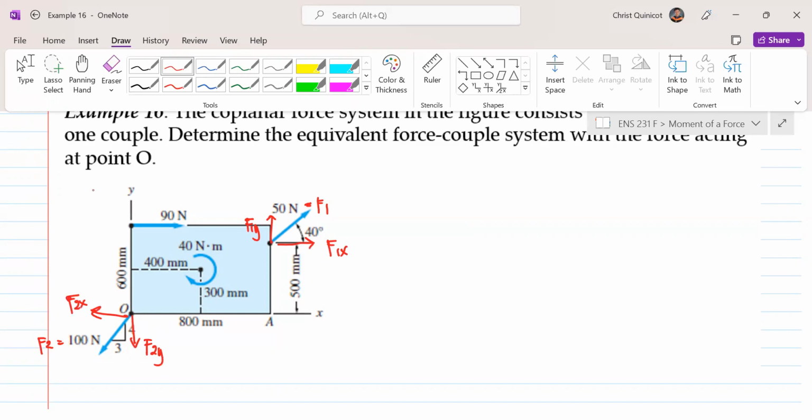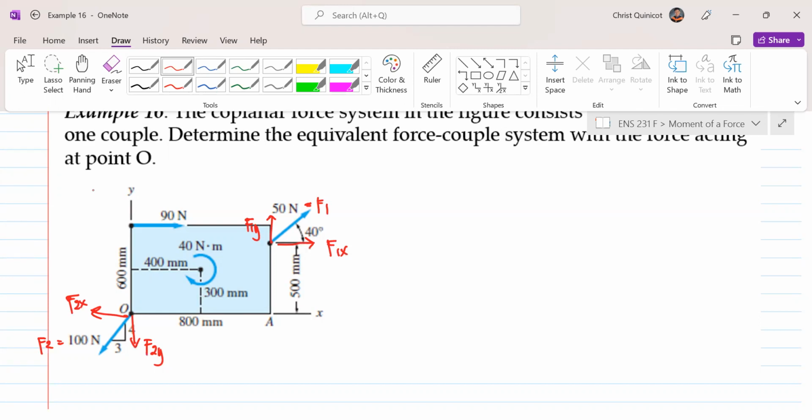Now, if you can observe, the unit of our length is in mm, and whenever we encounter this kind of units, for SI, we must always present or report our answer in the base form, which is Newton meter.